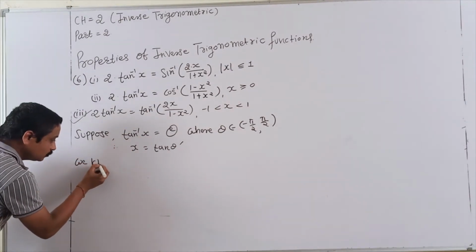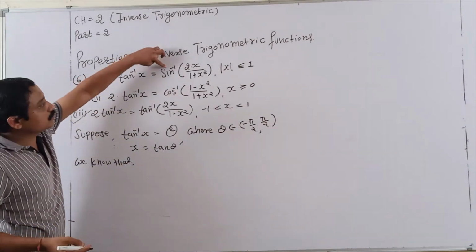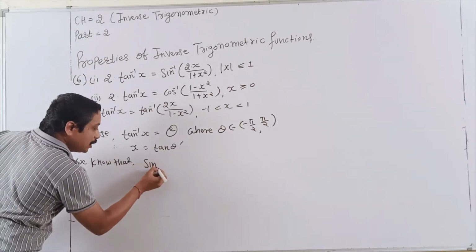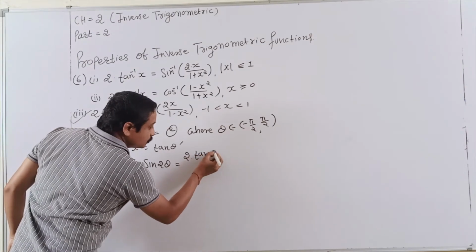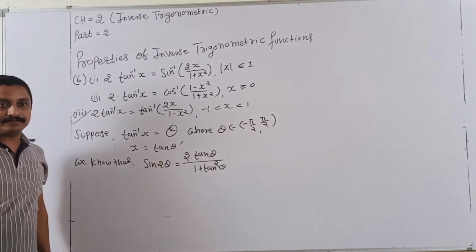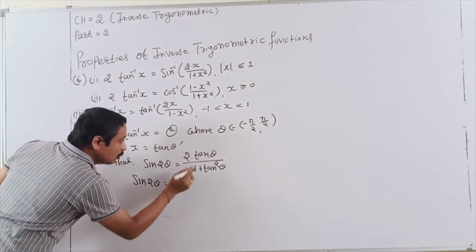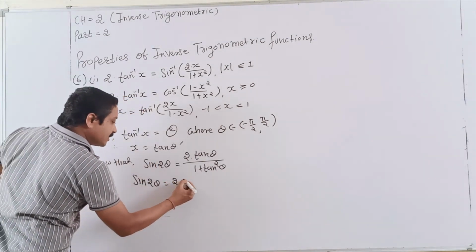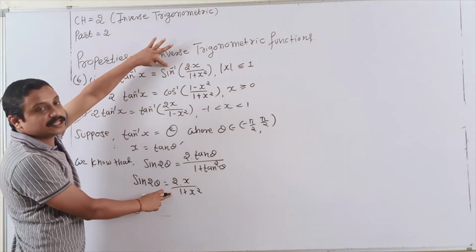Now we know, students, the sine formula in terms of tan: sine 2 theta is equal to 2 tan theta upon (1 plus tan square theta). And when putting, sine 2 theta is equal to 2, what is tan theta? Already tan theta is known, yes, it is x, over 1 plus x square. Students, check our property is fixed.